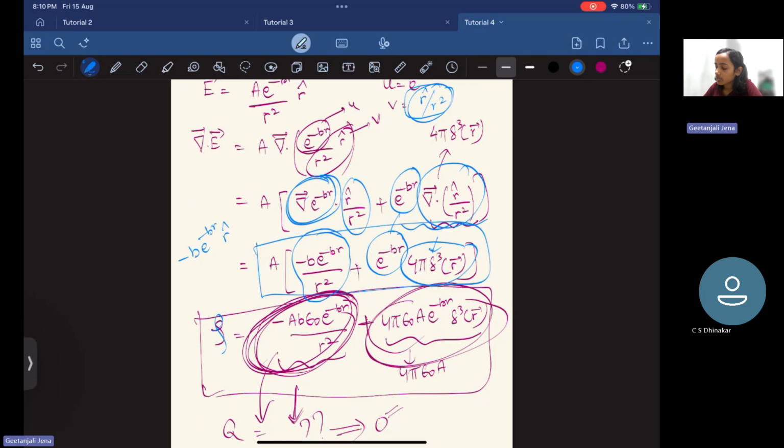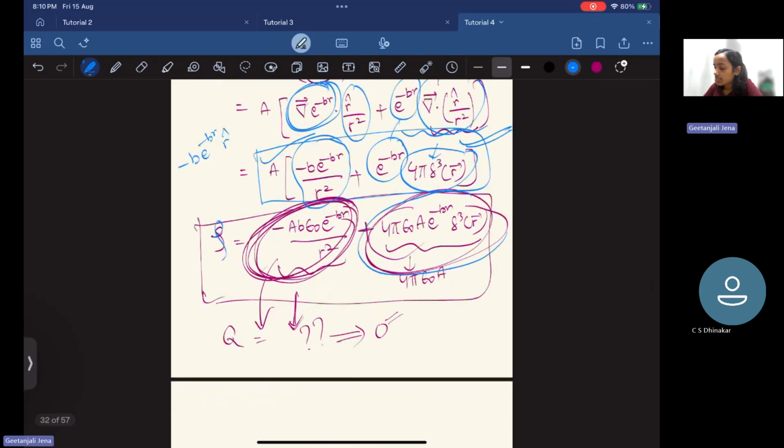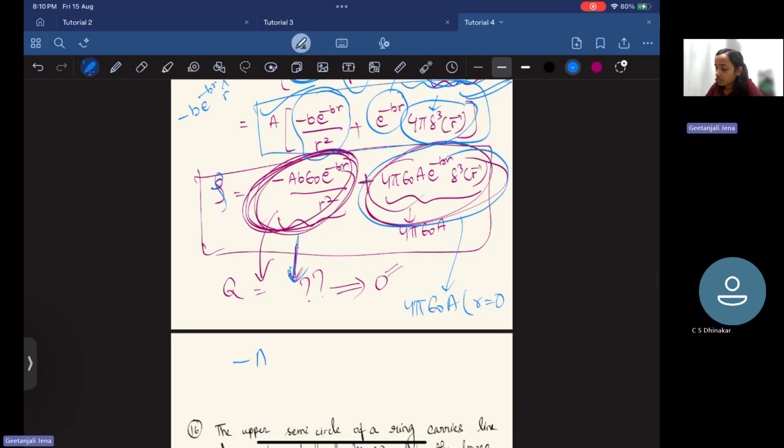So rho is nothing but the summation of this term with this one. There is a charge density here at the origin, which is 4 pi epsilon naught a at r equal to 0, and there is a radially varying charge density, which is minus a b epsilon naught e to power minus br by r.